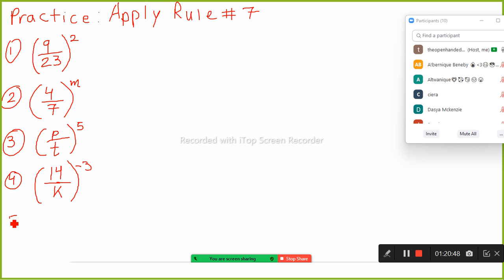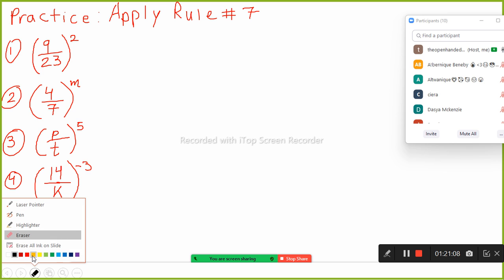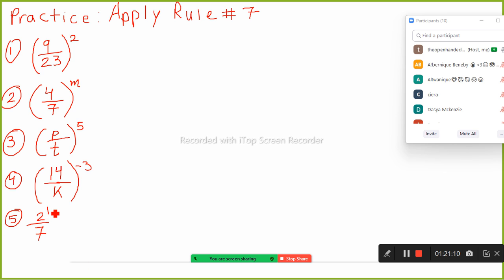Let's say I have 2/7 to the power of pi, where this is pi, and this is always pi.